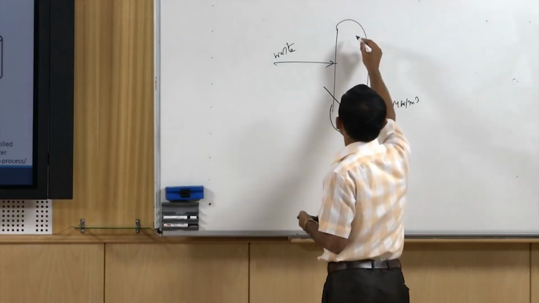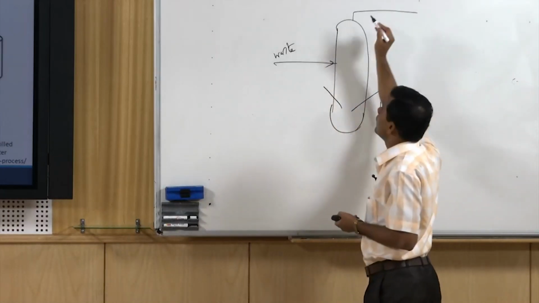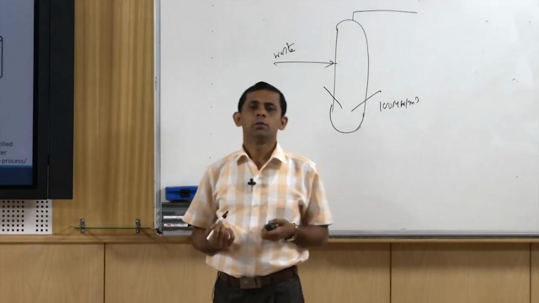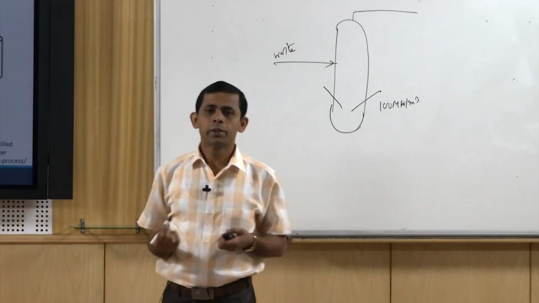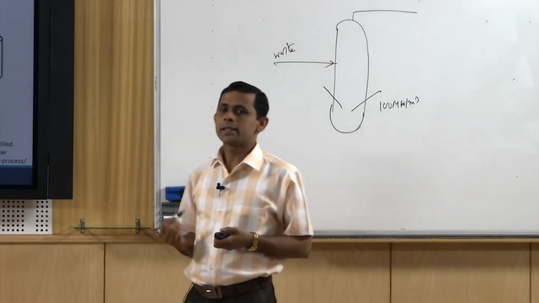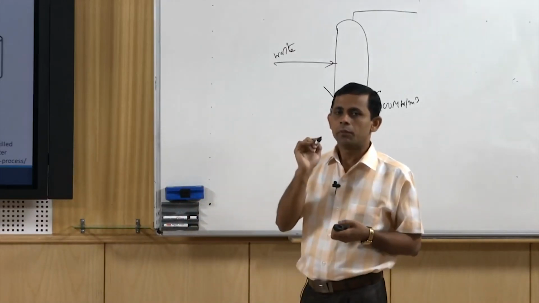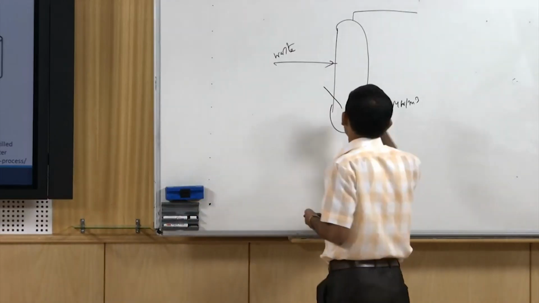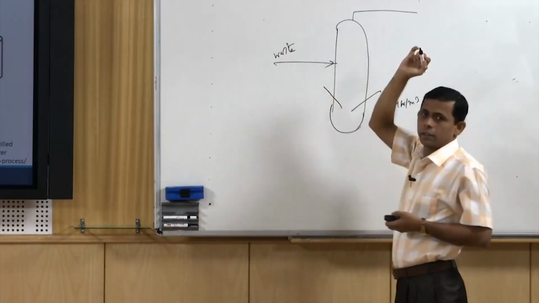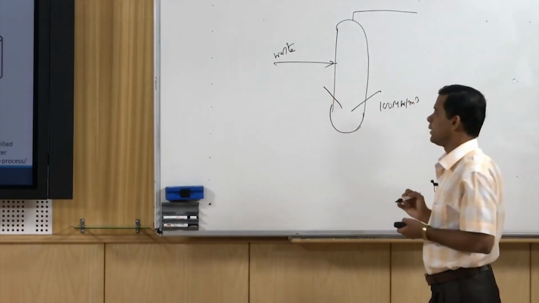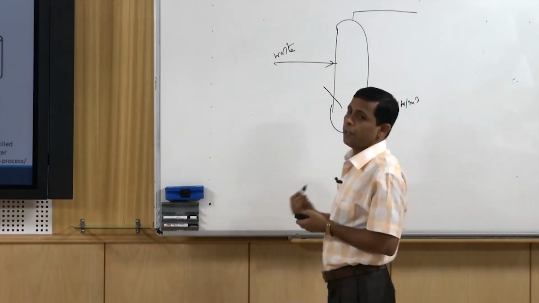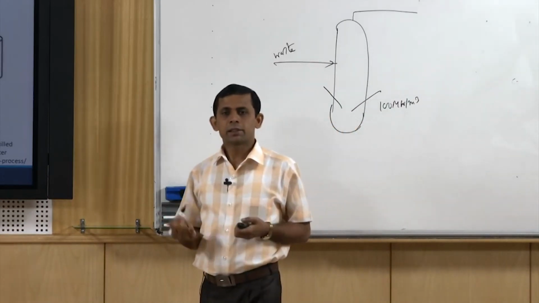Then the syngas which will be generated here, the quality will also be different with respect to the syngas generated in a conventional gasifier. In this case the acid gases will be neutralized and converted to molecules like HCl, not chloride, the HCl will be available in this. So sulfur will be present as elemental sulfur.